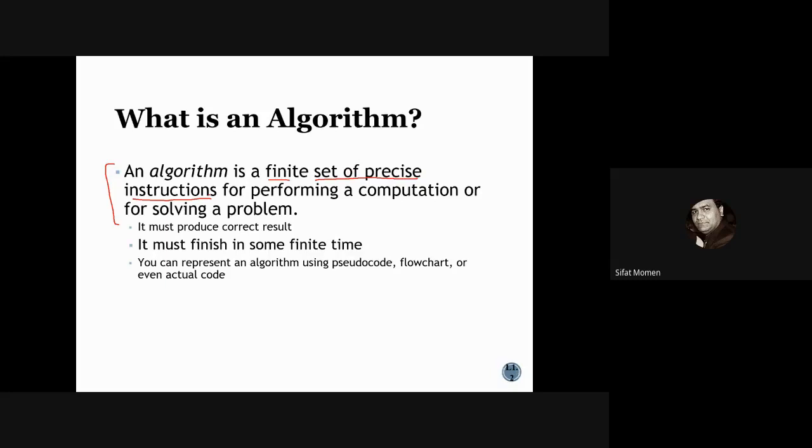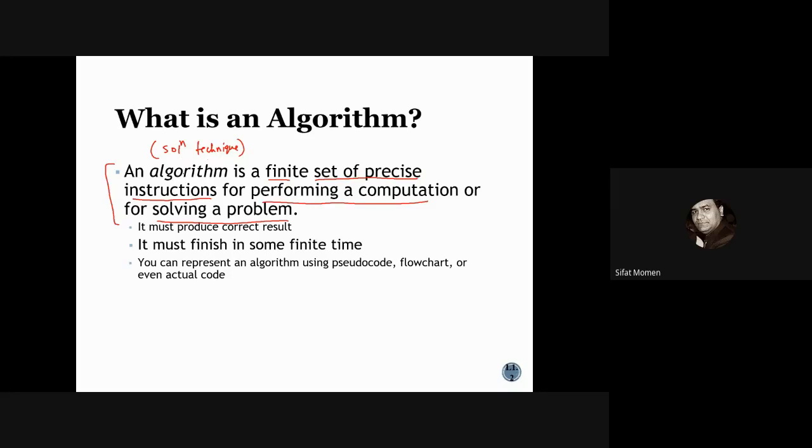The purpose is if you follow it, you are going to perform a computation or solve a problem that you're interested in. So basically, an algorithm can be referred to as a problem solution technique. It's a solution technique for a particular problem.